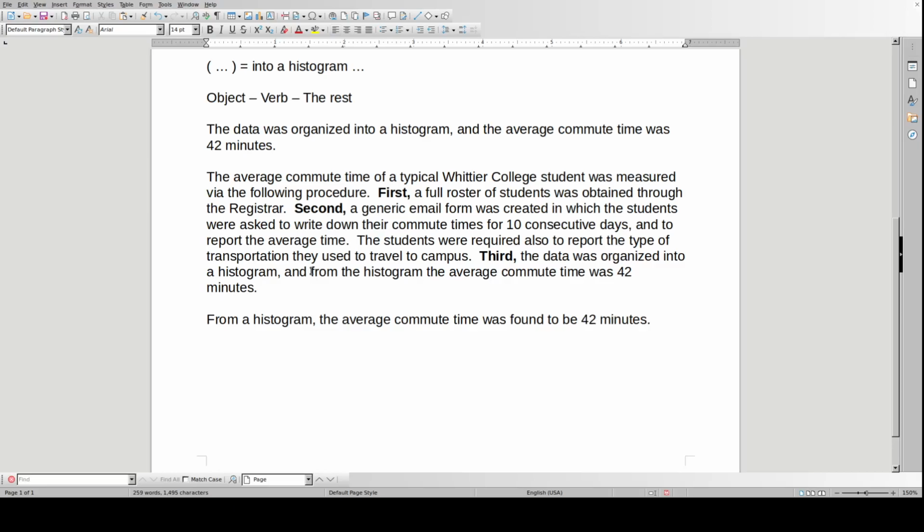So there's lots of ways of going about putting things into passive voice. I recommend keeping it simple until you have an intuition for what is passive versus what is active. Third, the data was organized into a histogram, and from the histogram, the average commute time was 42 minutes.